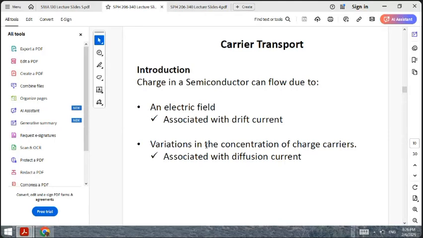Charge can flow either due to the electric field, and we call that current which flows due to electric field, we call it drift current. And the current which flows due to variation of concentration, we call it diffusion current.